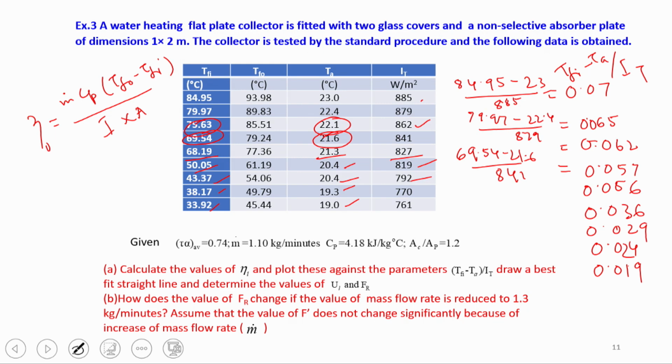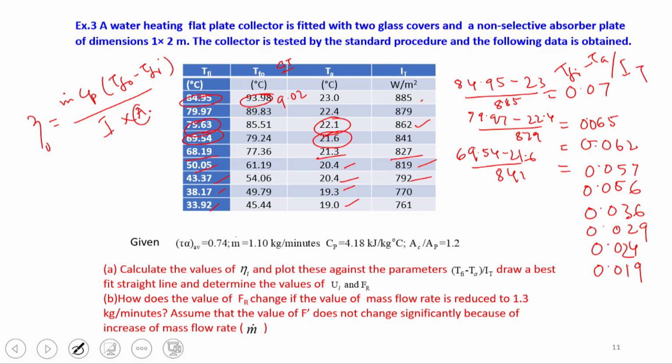So what is delta T here? T F O minus T F I. Can you tell me these two differences? This minus this, 93.98 minus 84.95. So someone can do this calculation. So this part is done, and the efficiency term you can do.